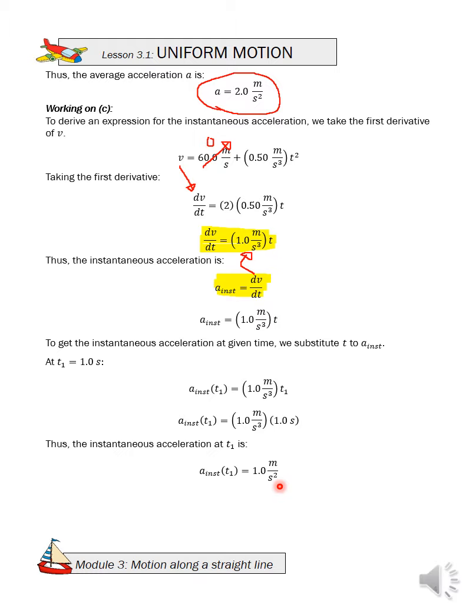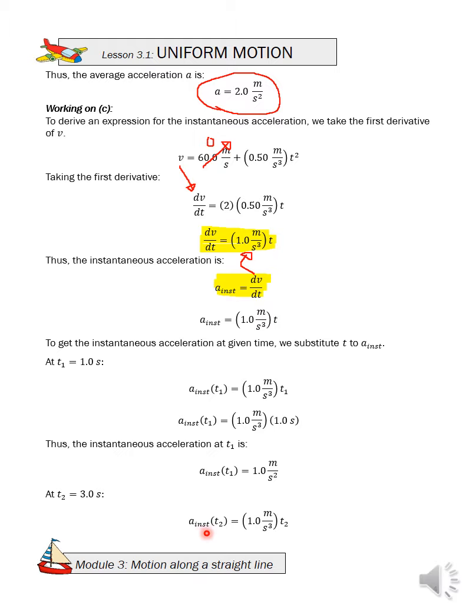Okay, I hope that's clear. So that's the instantaneous acceleration at this certain time instant, 1 second. But let's say we also want to know the instantaneous acceleration at t2, or after 3 seconds of motion. Again, we only have to substitute this into our equation for the instantaneous acceleration.